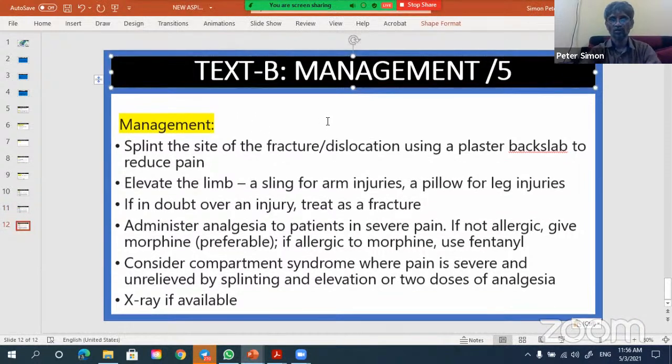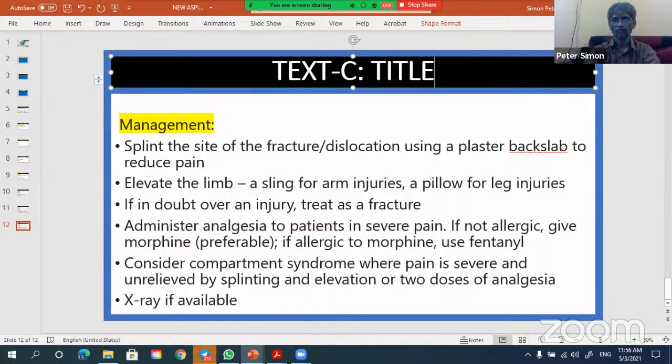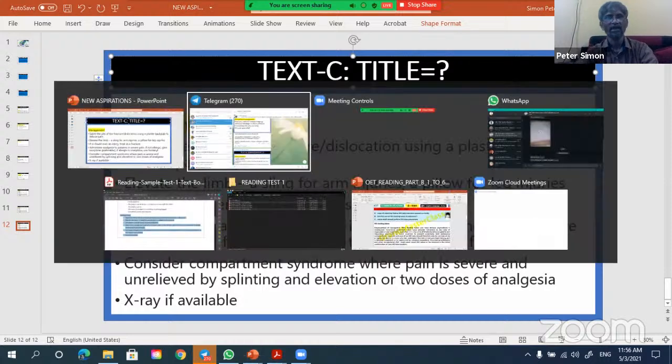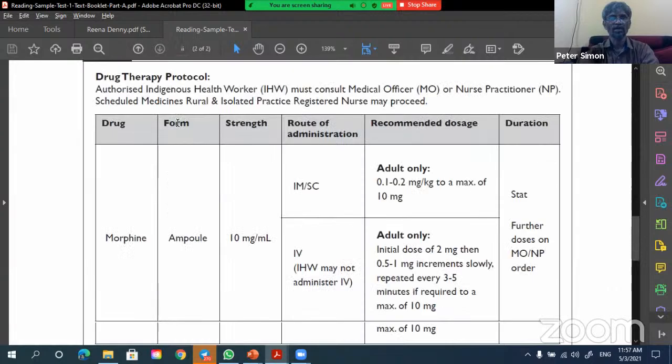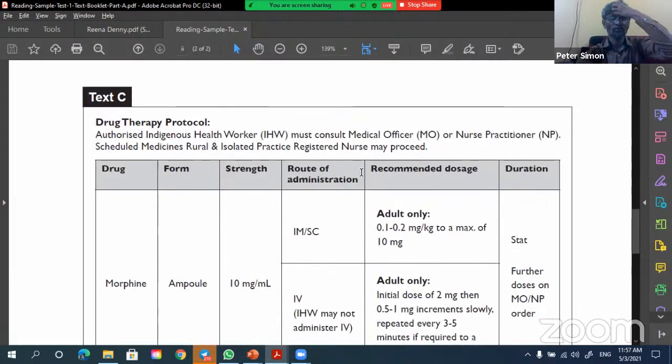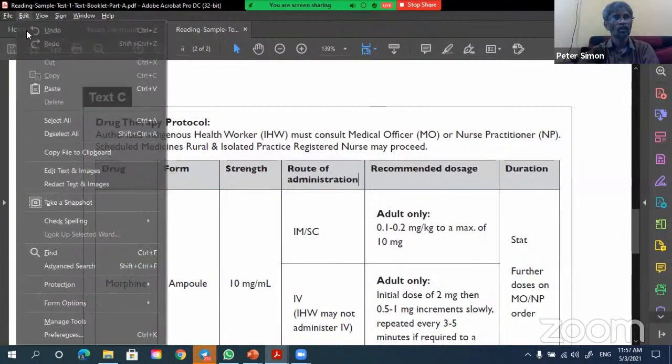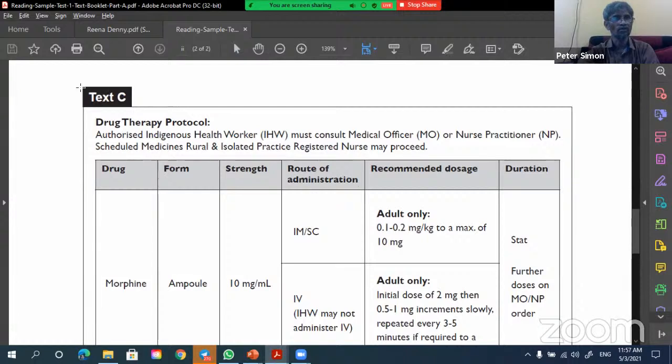So text C. Text C, what is the title? We don't know. Title is what? We don't know. So now let us identify the title from here. Okay, text C is in the second page. So here. Edit, take a snapshot.